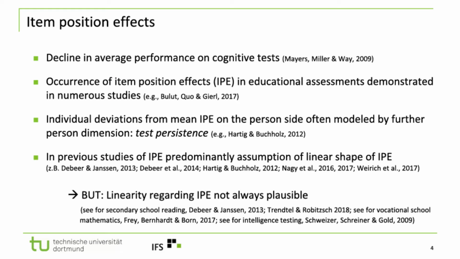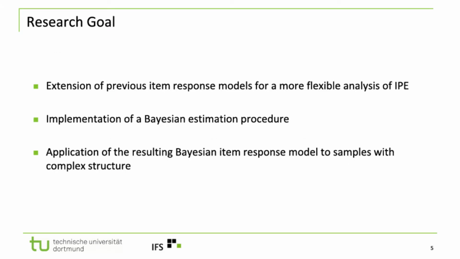However, we also know from other studies that this linear course of item position effects does not always seem plausible. Then sometimes another functional relation is suggested, a quadratic or a cubic relation between effect and position, for instance, which is also not always plausible, which leads us to our research interest.